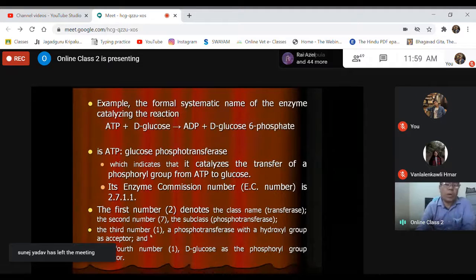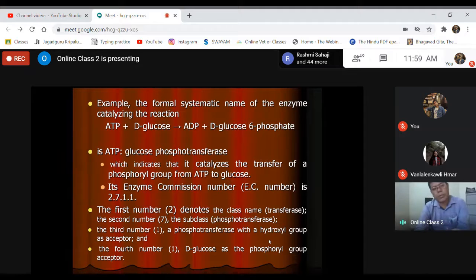The third number, 1, is a phosphotransferase with the hydroxyl group as the acceptor. So which group is accepting this phosphate? This number indicates the group which accepts, and the hydroxyl group is assigned number 1. The fourth number indicates the acceptor molecule, D-glucose, the phosphoryl group acceptor.